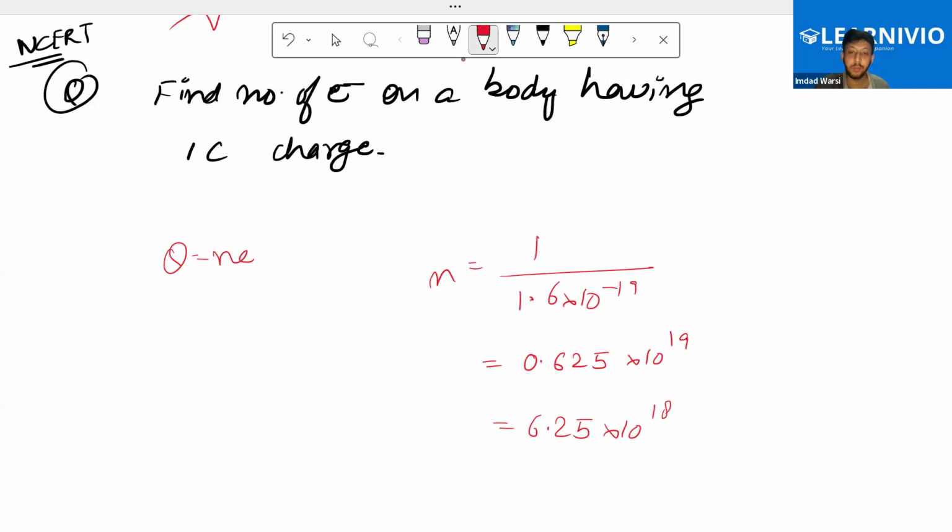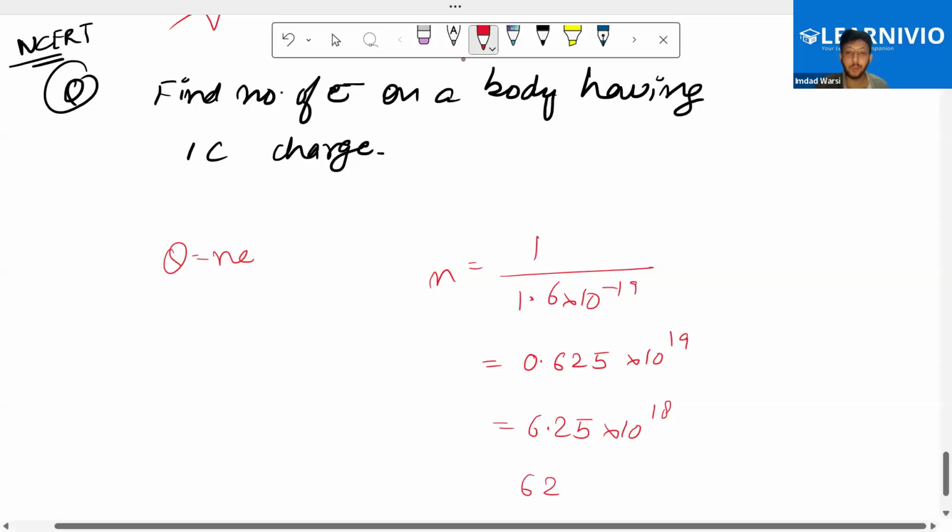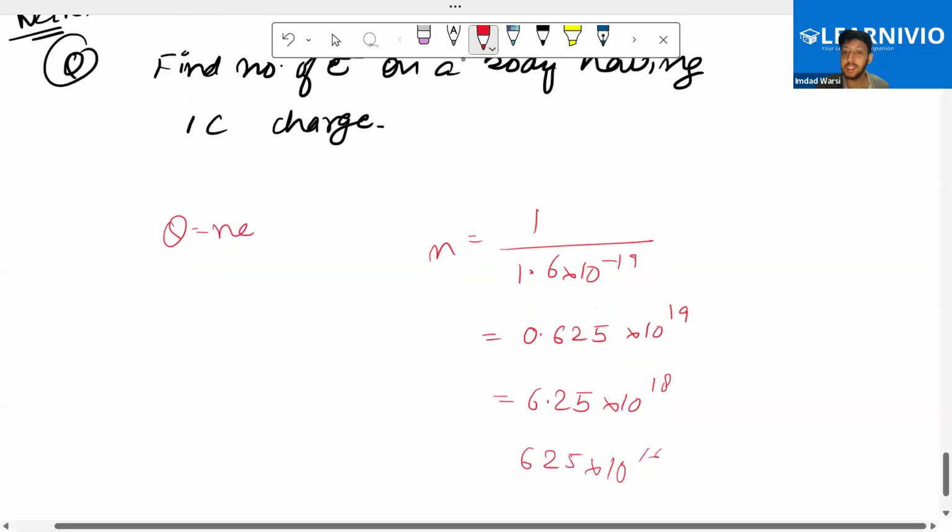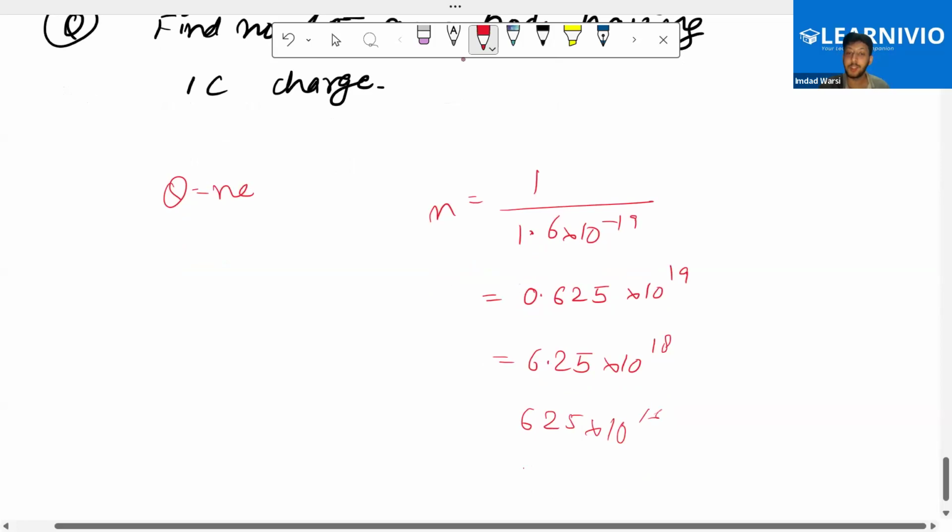So what can we do? We can remove two decimals and reduce the zeros. We can make it 625 into 10 to the power 16, right? Which means these many electrons are there, which means 625 and add 16 zeros: 1, 2, 3, 4, 5, 6, 7, 8, 9, 10, 11, 12, 13, 14, 15, 16.